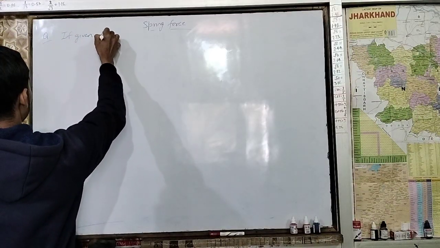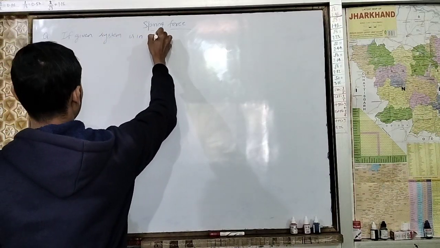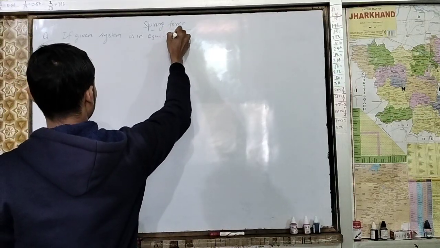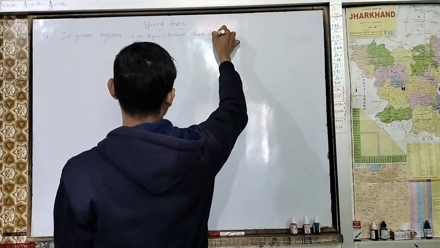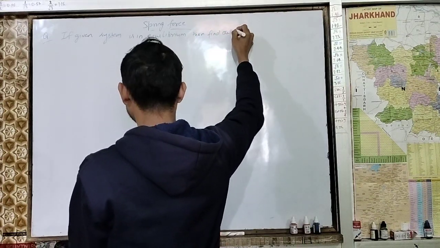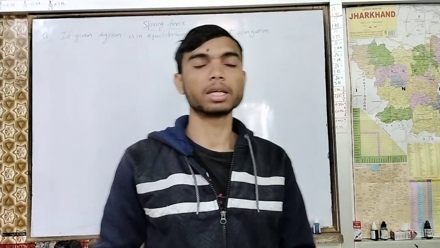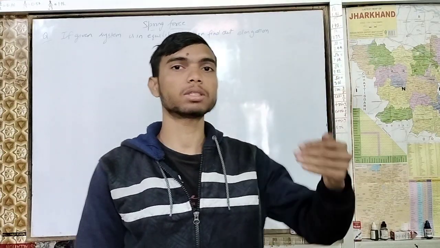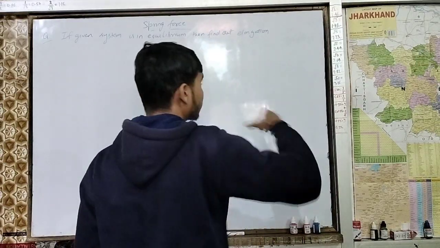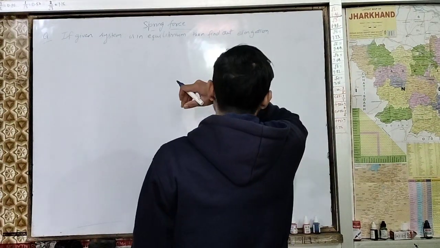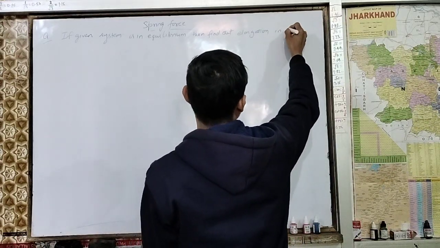If the given system is in equilibrium, then find out the elongation. Elongation means the pulling force, the stretched displacement, in the spring.